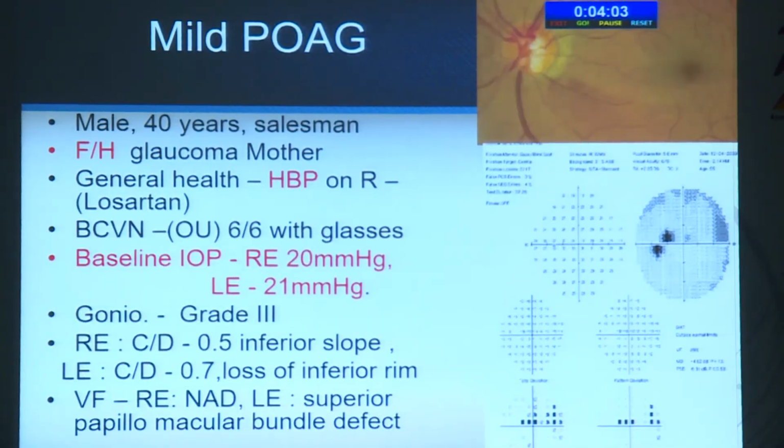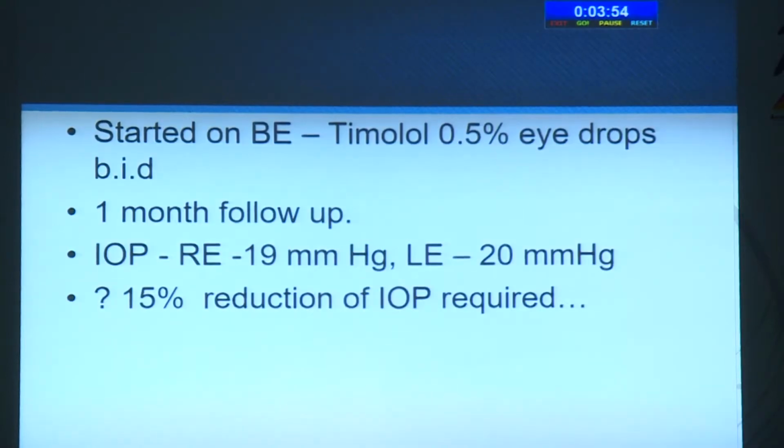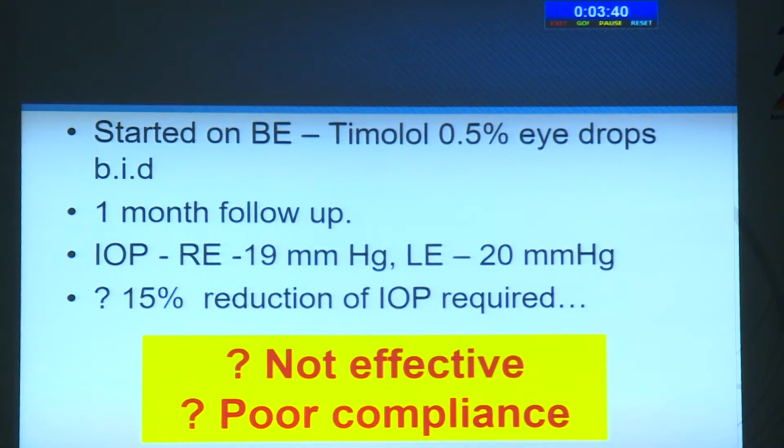This is a classic example of a mild primary open angle glaucoma. Baseline IOP was 20 and 21, and we selected a beta blocker in this particular patient. After 1 month follow-up, the right eye pressure was 19 and the left eye was 20. So the reduction of 15% is not there. This drug is either not effective or there is poor compliance.